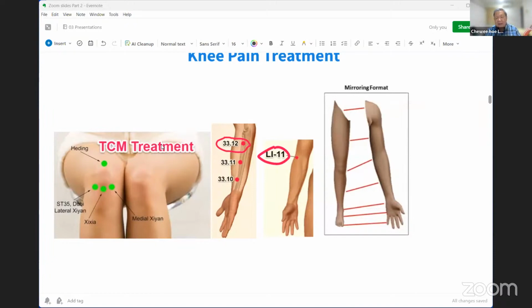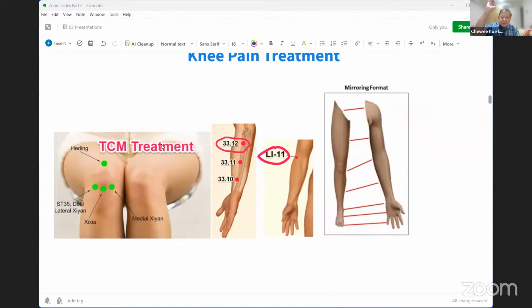But we have to know where the pain channel is. Sometimes it is LI11, sometimes it's 3312, which is sitting on the small intestine channel.